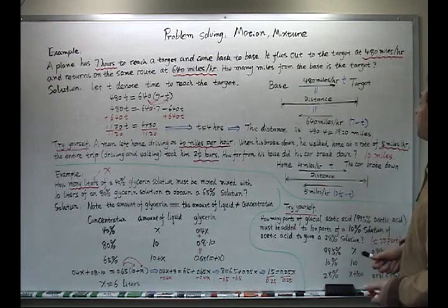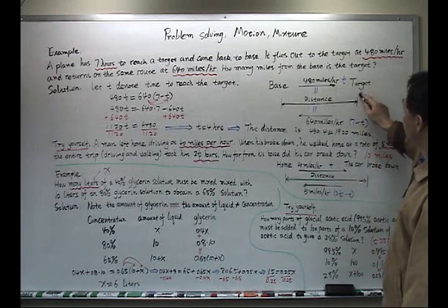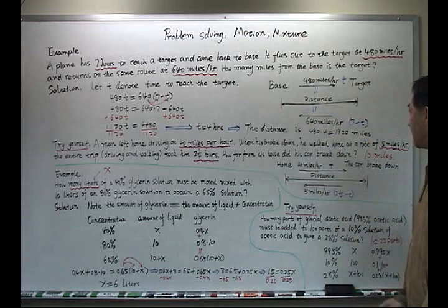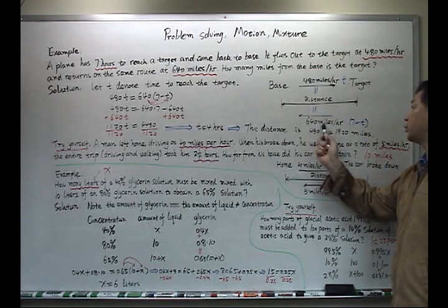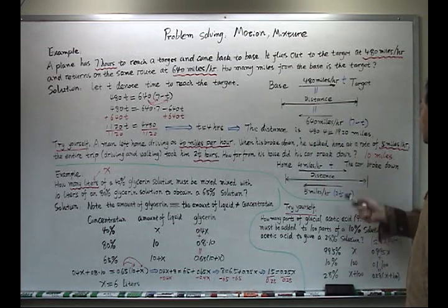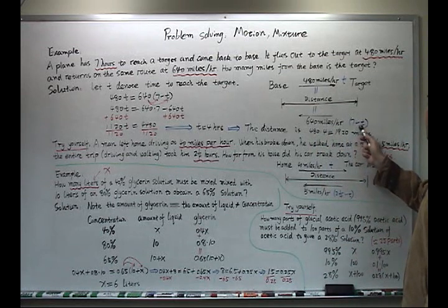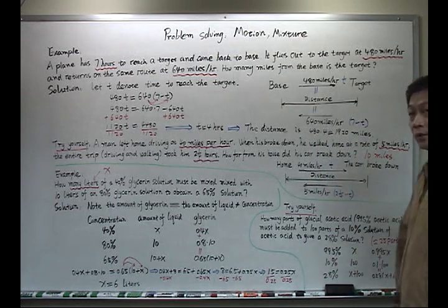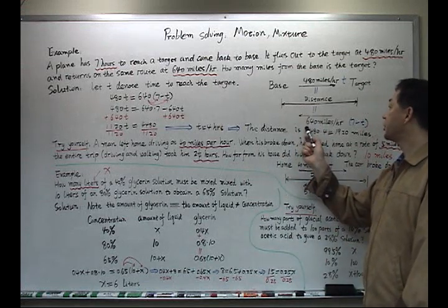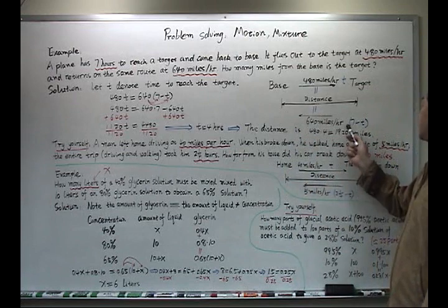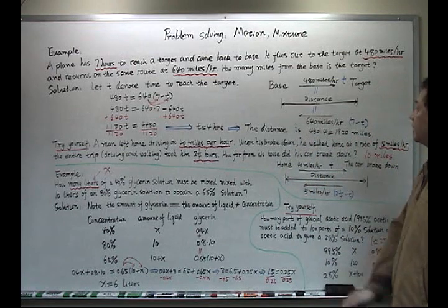Going back, the distance is the same. The speed is not the same, it's 640. The time is 7 hours minus t. So the distance equals 640 times 7 minus t.